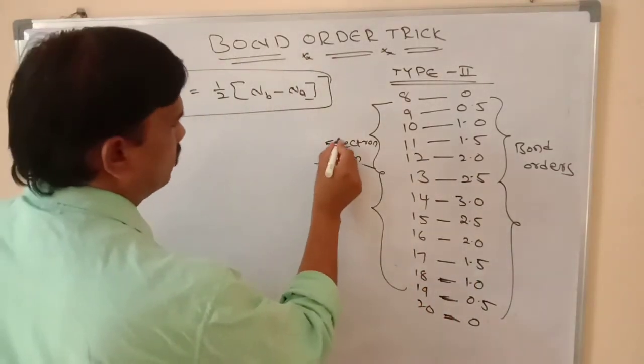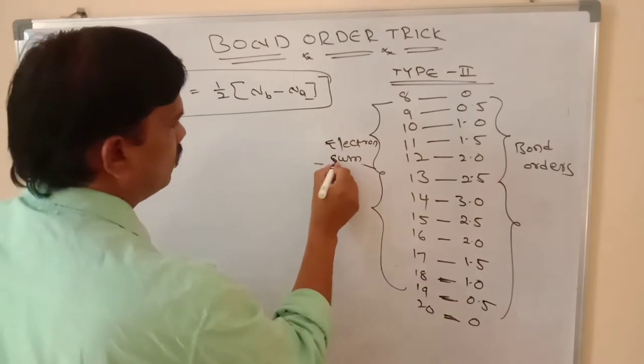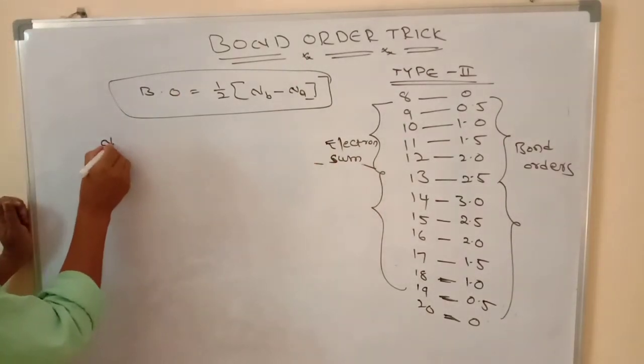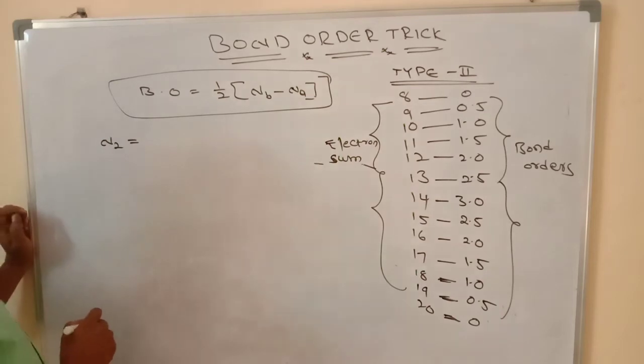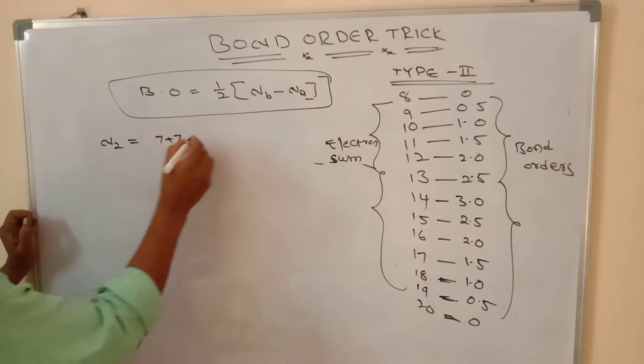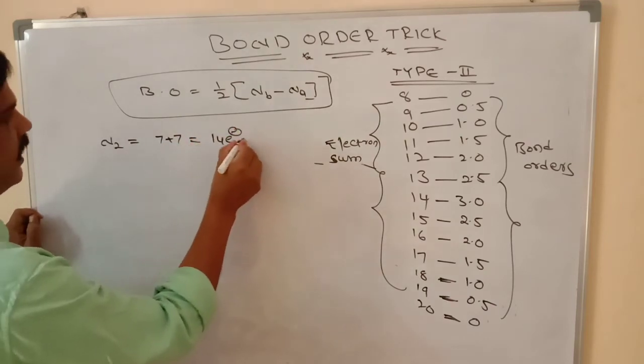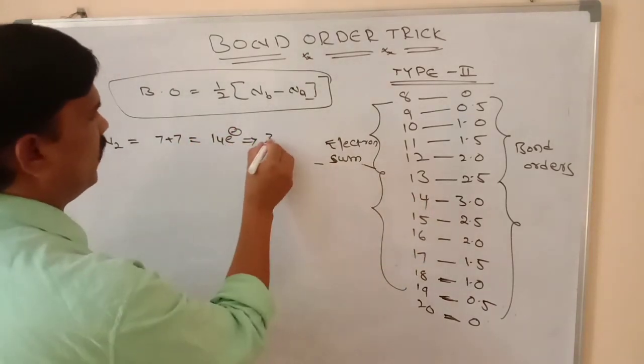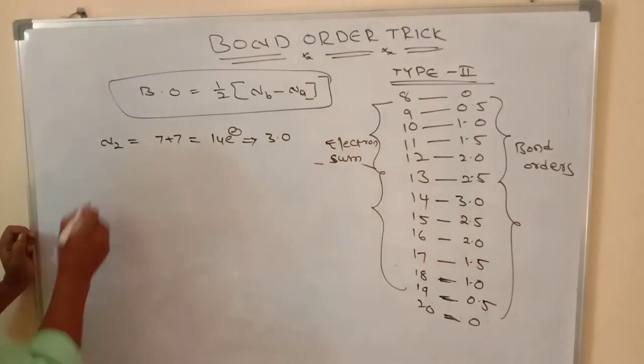This is the electron sum. For example, N2: 7 plus 7, 2 nitrogens, total 14 electrons, so the bond order is 3.0.